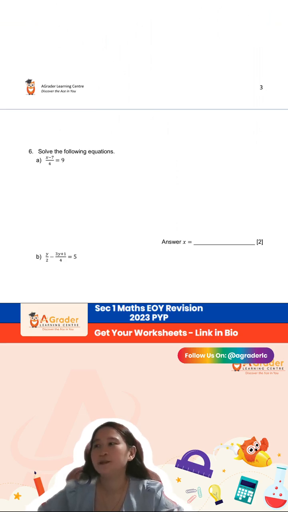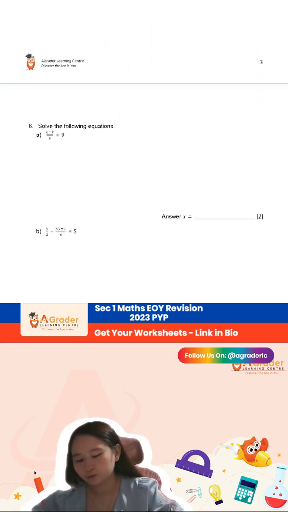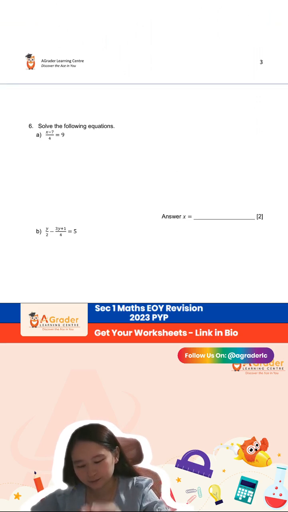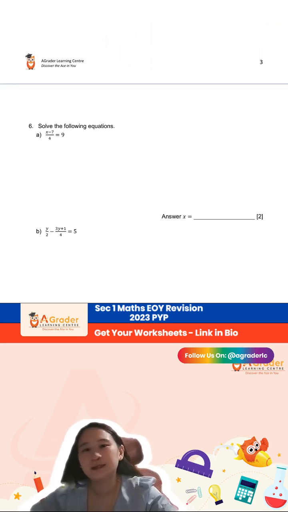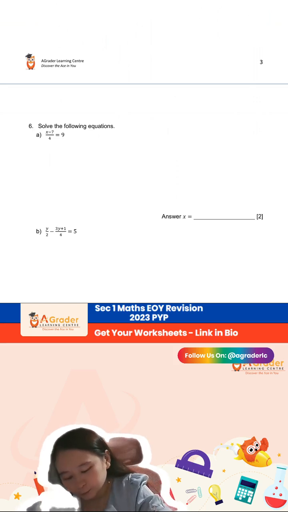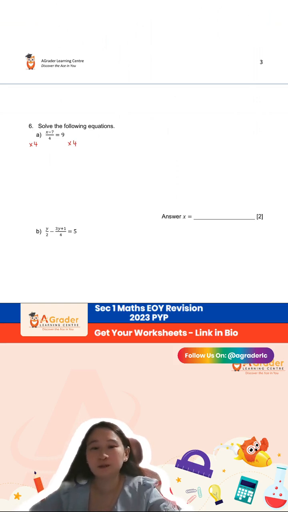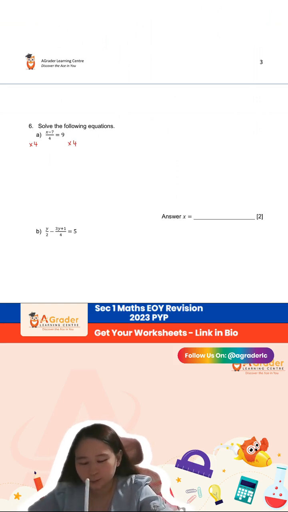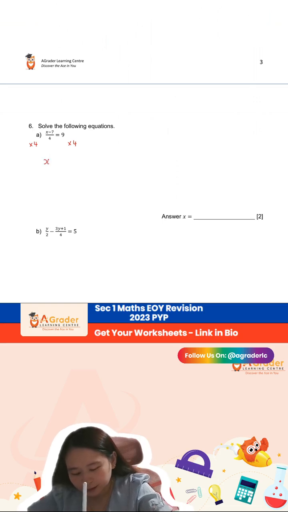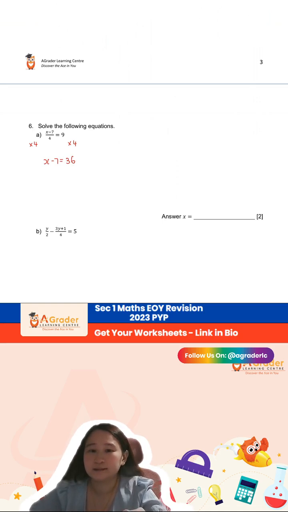Yep, 43 is correct. So to solve the equation, we firstly remove the denominator. So to remove the denominator, we multiply by 4 on both sides of the equation. So when you multiply by 4, you get x minus 7 equals to 36.